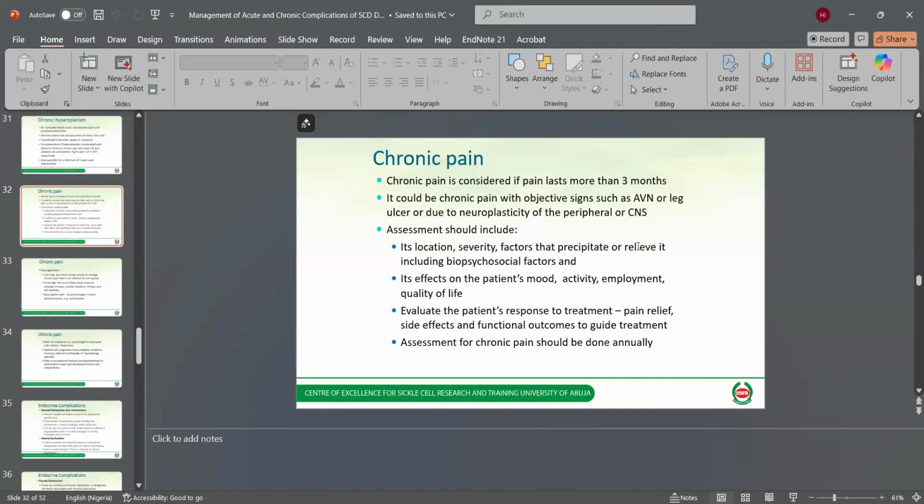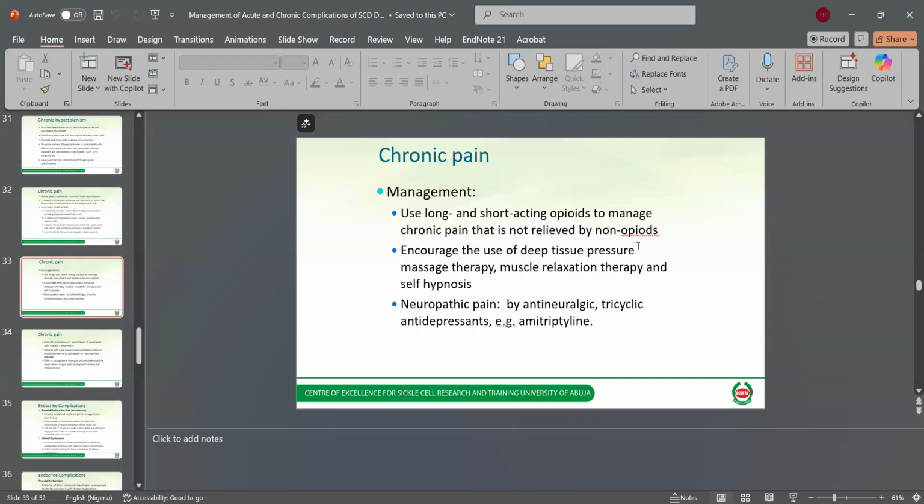Evaluate the patient's response to treatment, that is the pain relief, side effects, and functional outcomes, to guide treatment. Assessment for chronic pain should be done annually. Sometimes it may involve asking the patient which pain relief medications actually work for him or her. So you assess the patient wholly.